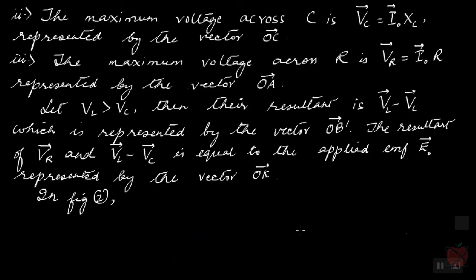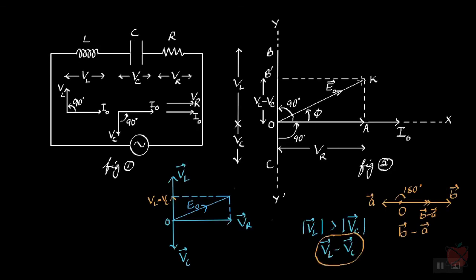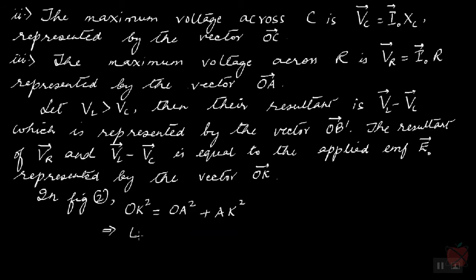That is what we are going to write. So in figure 2, we have OK square is equal to OA square plus AK square, right? But what is OK? OK is nothing but the magnitude of E naught. So this will be E naught square.